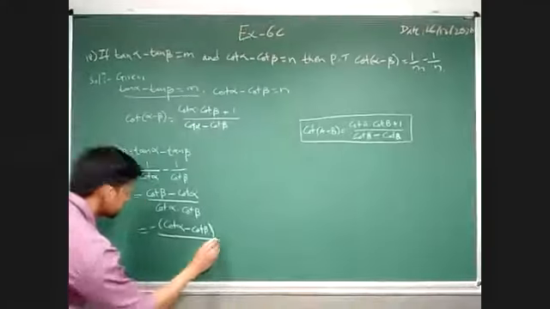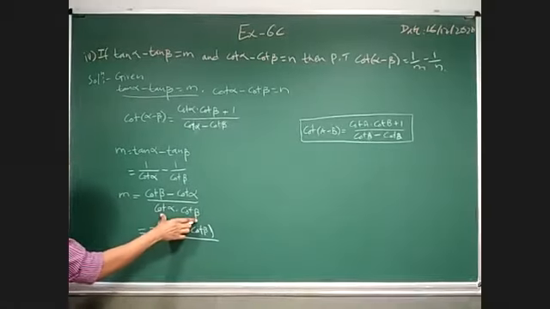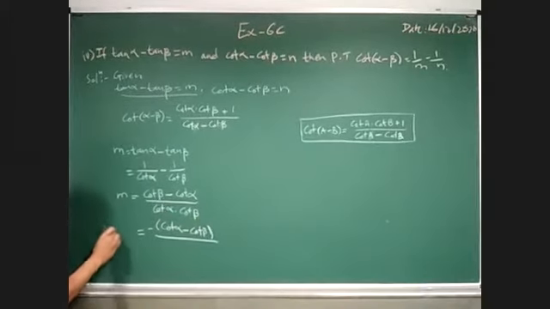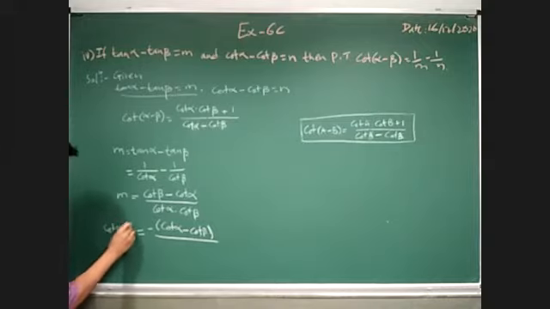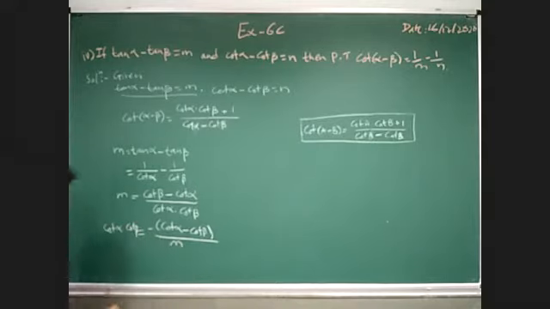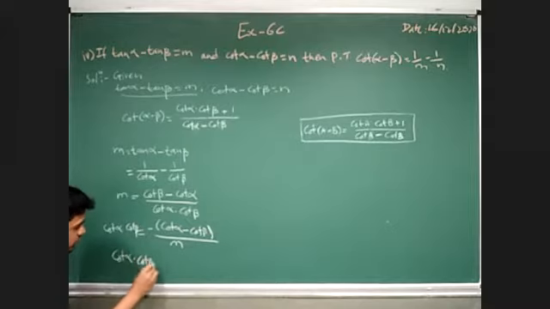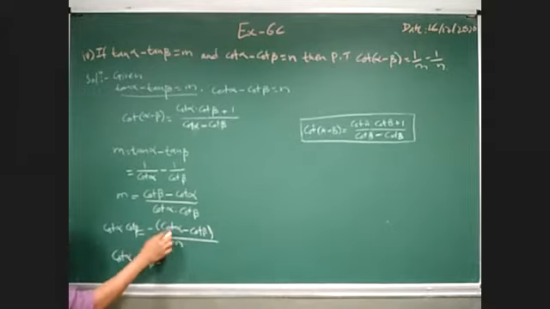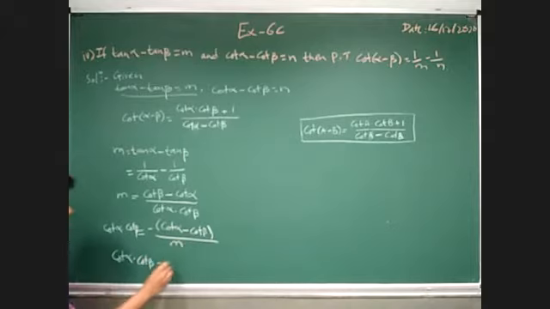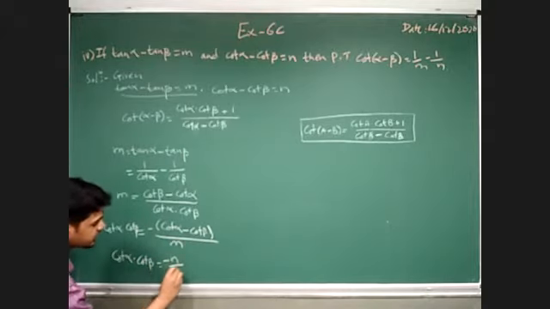And here I have cot alpha into cot beta, and cot alpha minus cot beta is nothing but n, so minus n by cot alpha into cot beta.